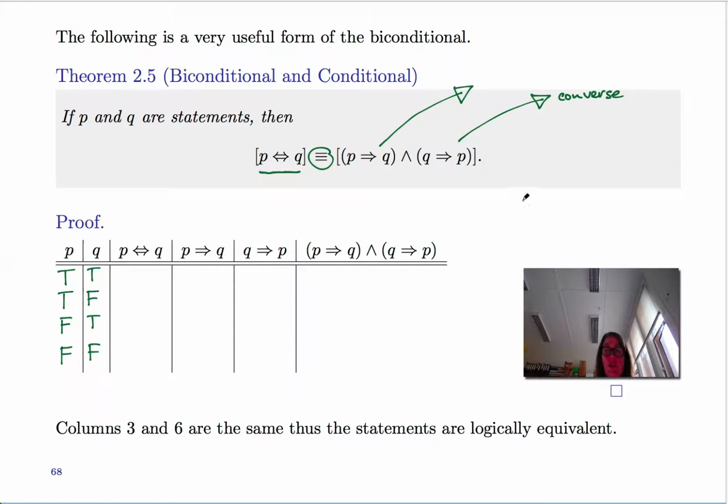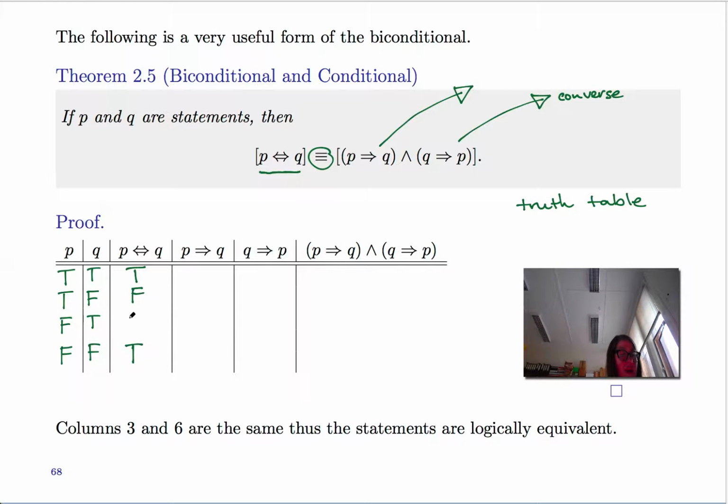Well, we're going to do it by a truth table, and what I've done for you already is I've filled in the P's and Q's like I normally do in the same order. And you'll recall from the definition of P if and only if Q that it was true when both P and Q were true, and it was true when both P and Q were false.